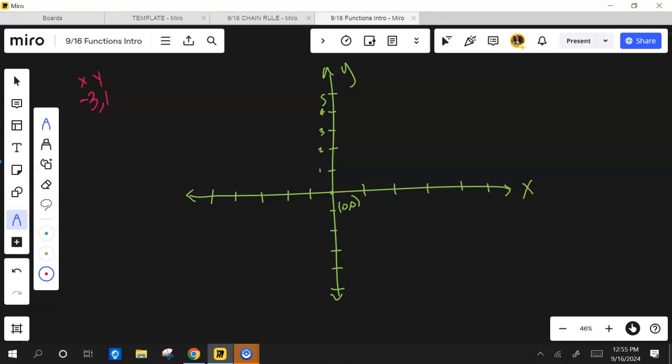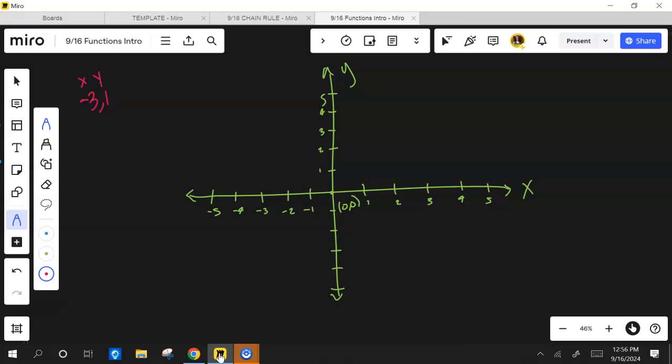-3, 1. I've got an X and a Y. Now, you always do X first and then Y. X is -3. I should have put these numbers on here too: 1, 2, 3, 4, 5, -1, -2, -3. For -3, 1, go to -3 on X. Where is that?